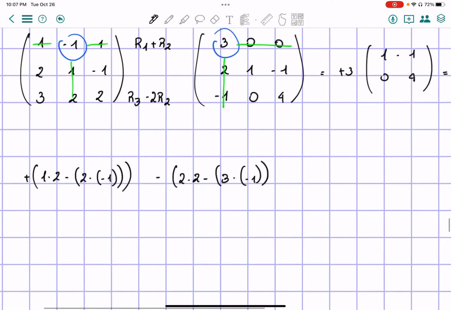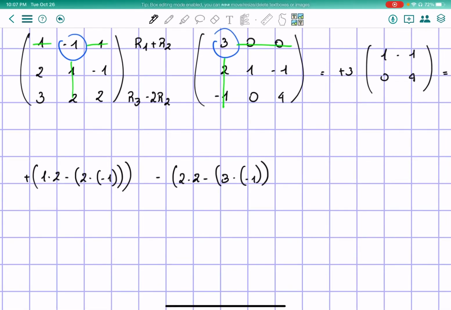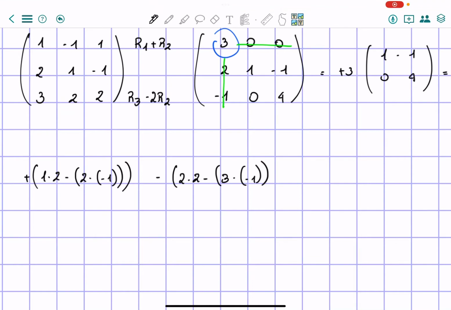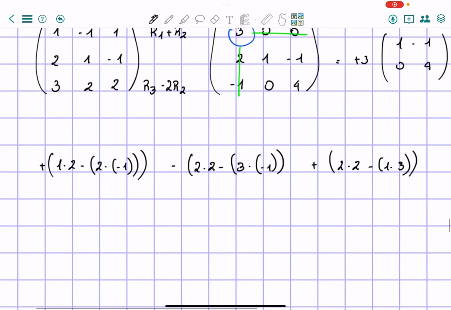And then we have the first row, third column. As you've already understood, this is going to be a plus because it's the third element. And then it's 2 times 2 minus 1 times 3. Then second row, first column, we're going to have a negative in front, first of all. Then -1 times 2 plus 1 times 2.